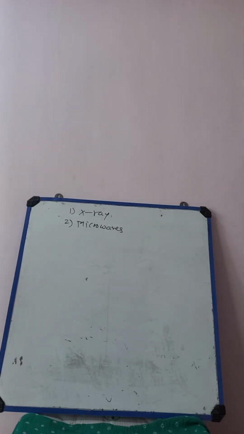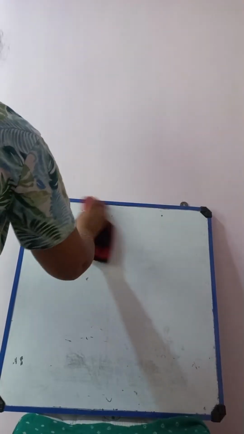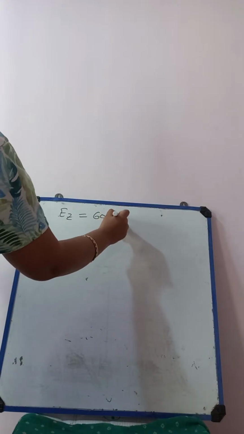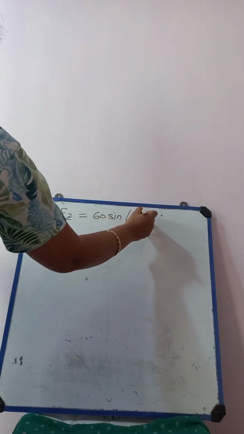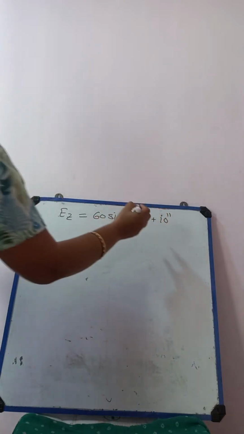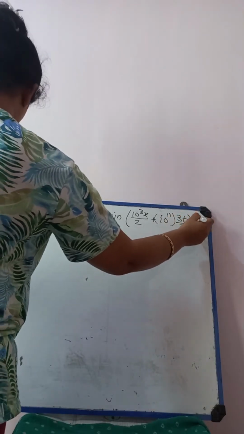Electric field in a plane electromagnetic wave is given by Ez is equal to 60 sine of (10 raised to 3 x divided by 2 plus 10 raised to 11 into 3t by 2) volt per meter.